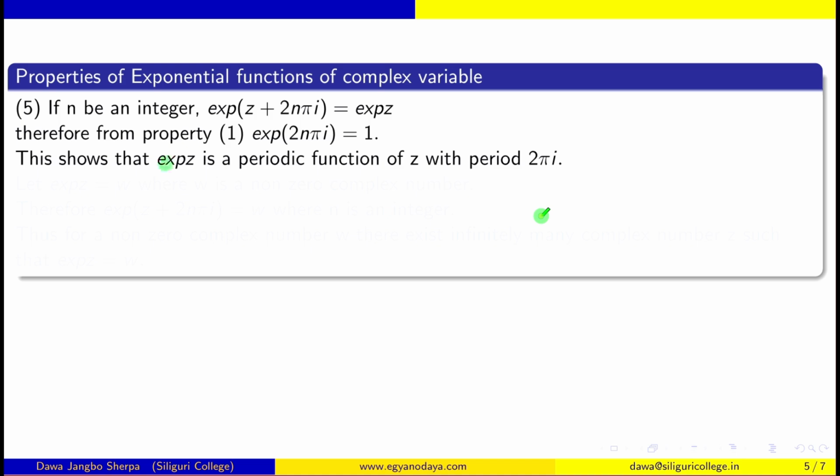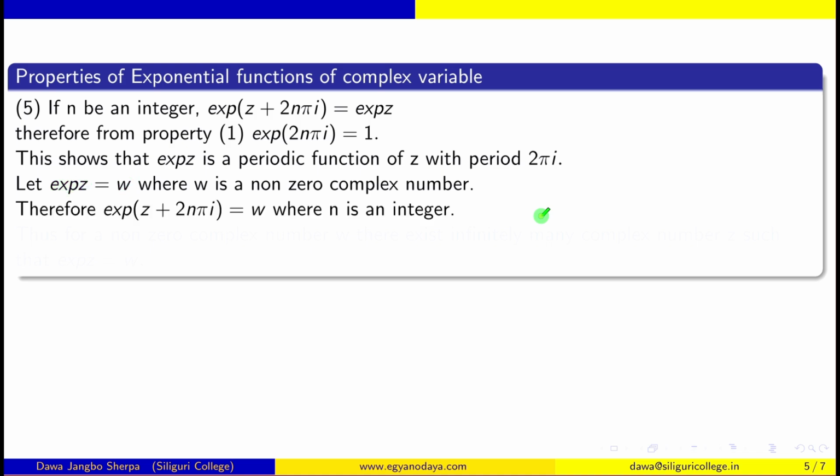This shows that exp z, the exponential function of complex number z, is a periodic function of z with period 2nπi, because exp(z + 2nπi) is equal to exp z. So this is the period of this periodic function. Let the exponential function of z be w, where w is a non-zero complex number.